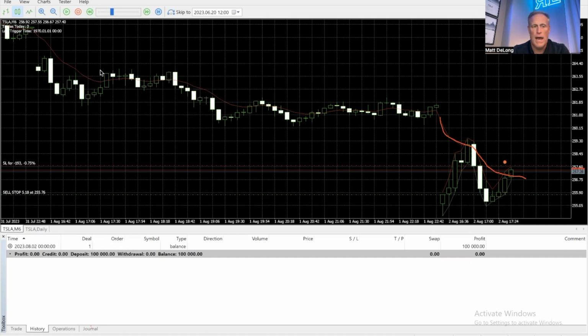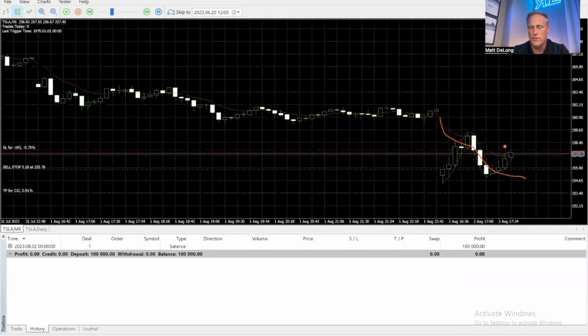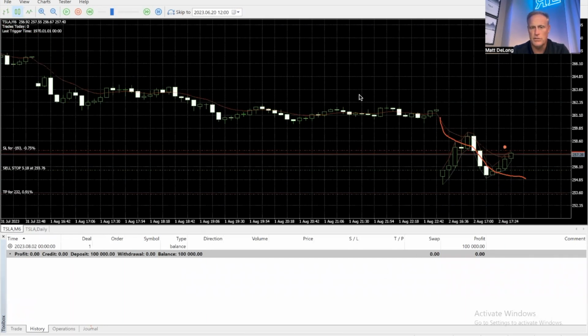And so our strategy, let's clear that. Our strategy basically calls for a break below this candle with a stop up here and a TP, or take profit target price, down here. So what this is waiting for is a rollover and a move lower.